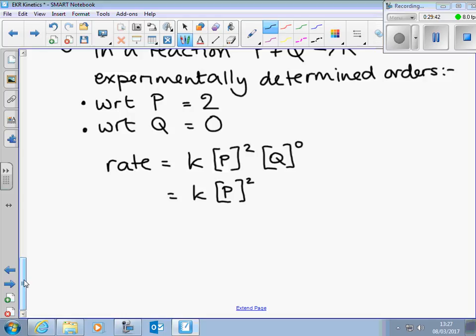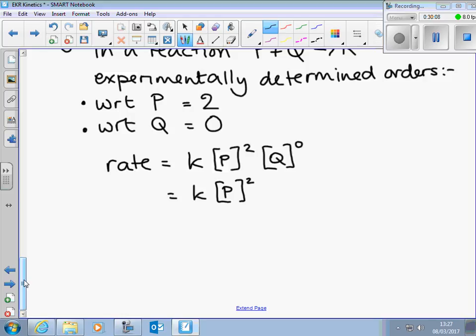Now the next issue that we've got is the units for the rate constant, because they vary. This is another thing about how constant it is. There's a huge variety of possible units for it, but they will depend on how many terms there are on the right-hand side.